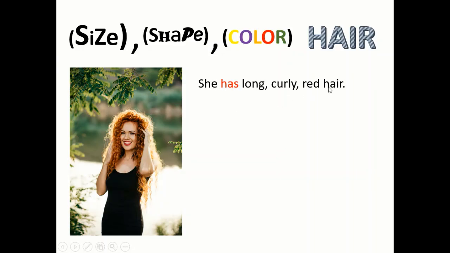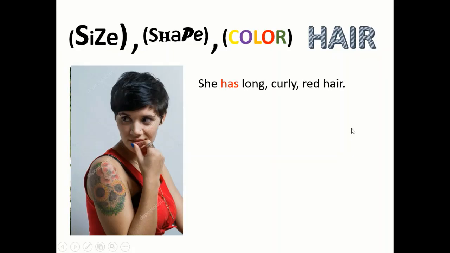Of course, the last word after the adjectives is the noun, hair. Let's check another example. What does she look like? Try to give a response. Remember, we are describing the hair. Yes, that's right. She has short, straight, black hair.